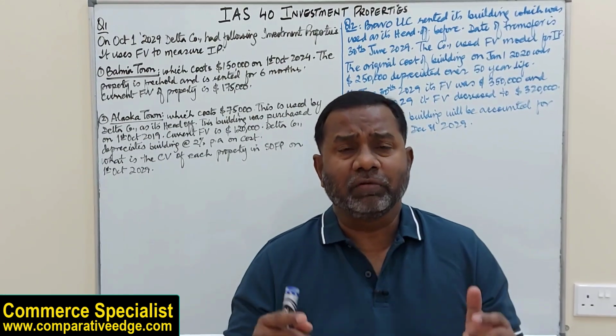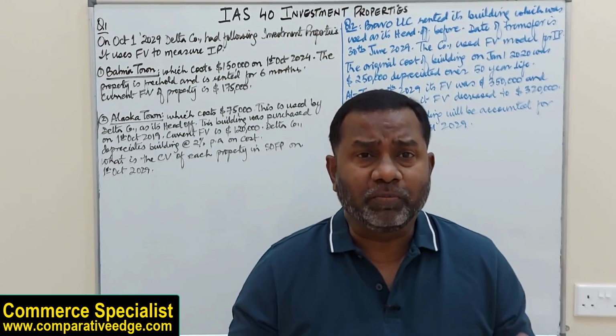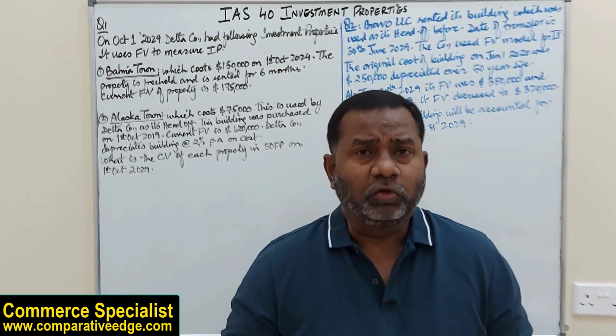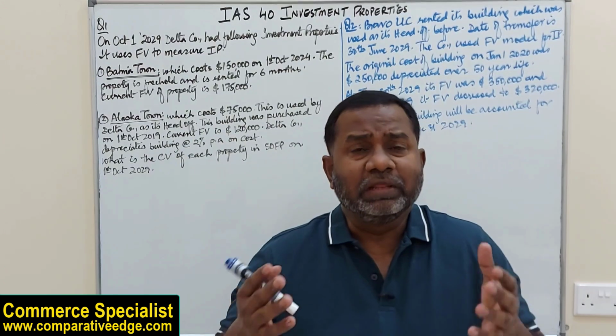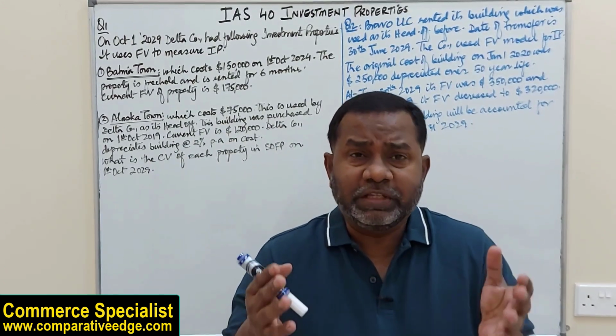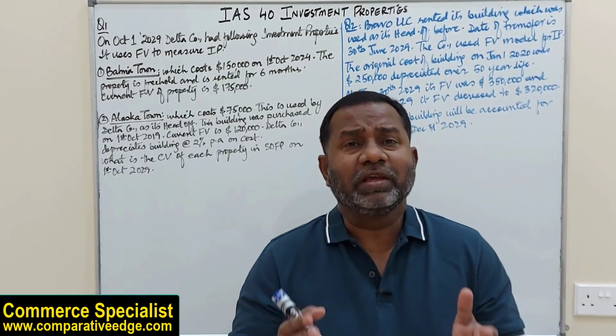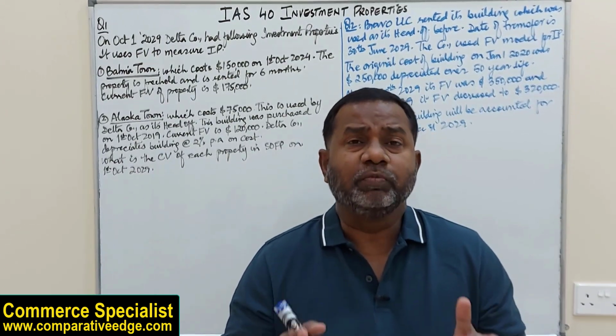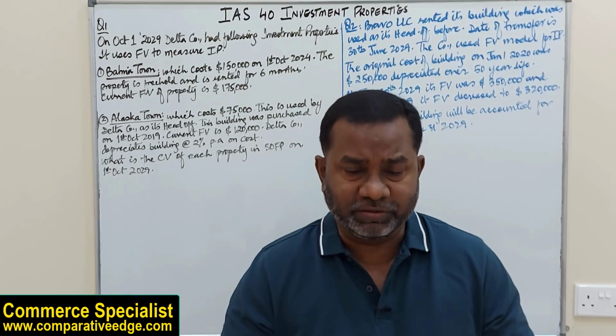If you have any property which you deal in, for example, you are a real estate broker, you buy and sell properties, in that case these properties, these buildings will be taken as inventory and will be accounted for as per the provision of IAS 2 inventories.